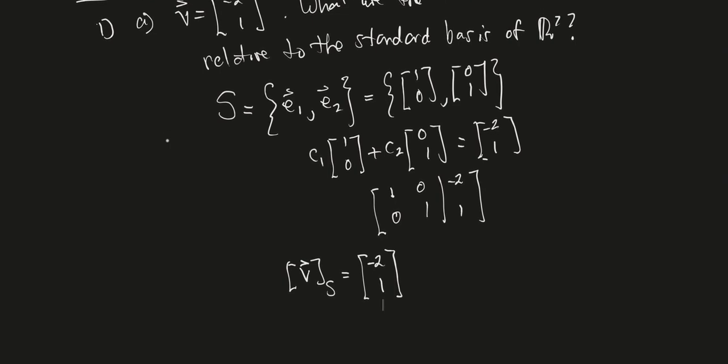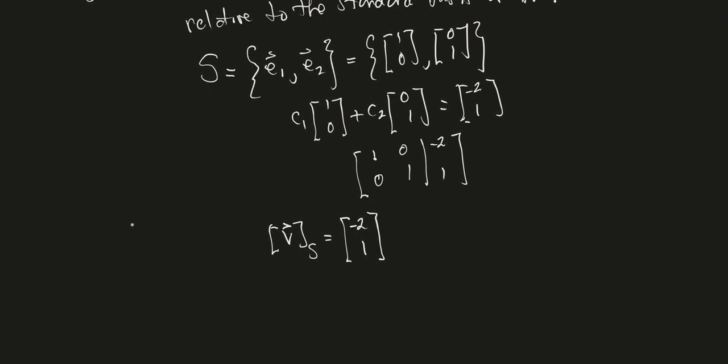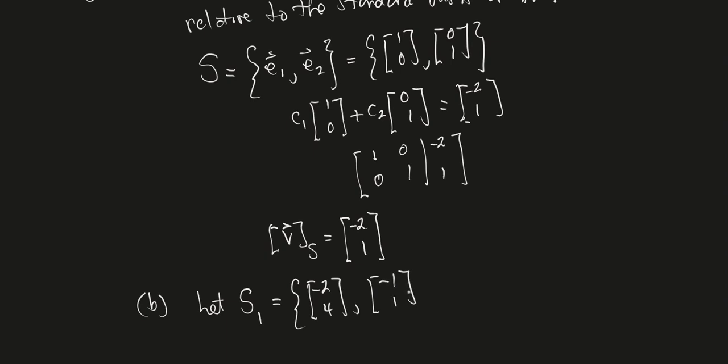So let's look at part B of this, where we're going to express the same vector but now relative to a different basis. I'll call this S1, since it's going to be different from my set here. Let S1 be this set: -2, 4, and -1, 1.